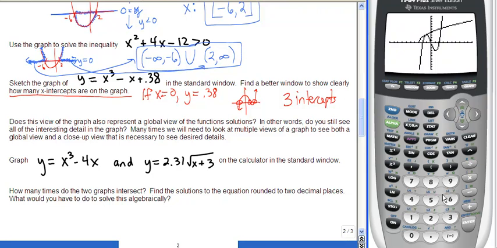So in this window right here, how many times do these 2 graphs intersect? Well, obviously there's one intersection point over here on the right, but over here on the left, it's a little bit unclear because those graphs are really close together.